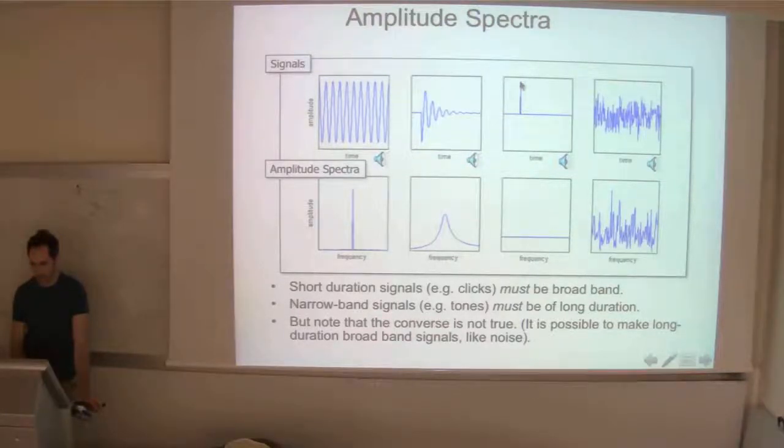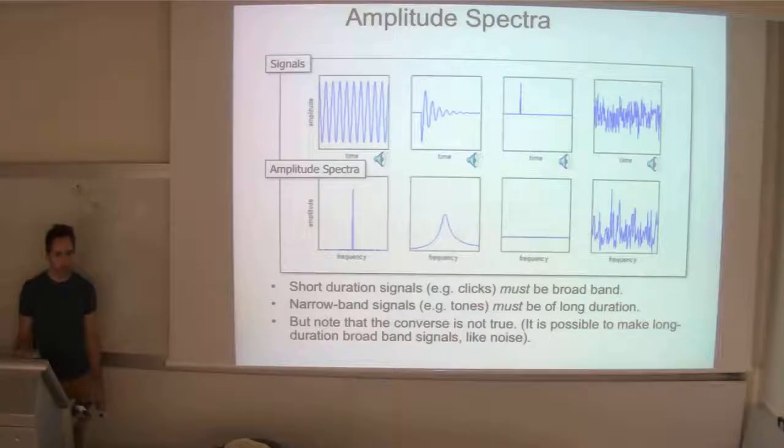And the click, in the opposite way, sounds like a click. It's very fast, and in the frequency domain, it has all the different frequencies. So here it's the totally opposite case. It's very fast in time, but really broad in frequencies, and actually this is the reason why a tone must have a long duration.